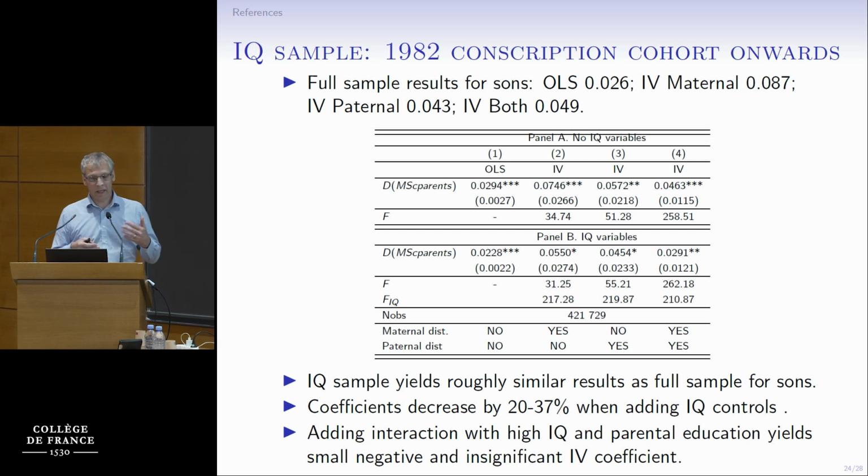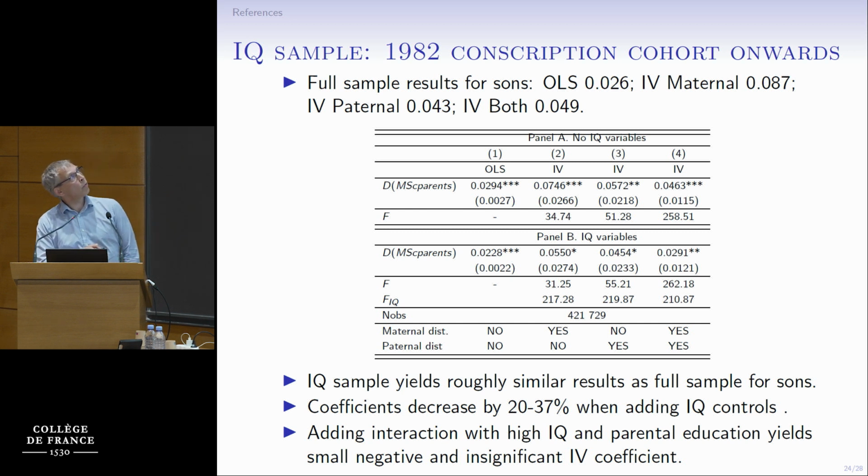And so to give you a baseline to compare with, I printed out here the results for sons from the whole sample, okay? Now the way we do this exercise is first we take the IQ subsample and we run our previous model without the IQ variables, just to see how much zooming in on the subsample changes our results.